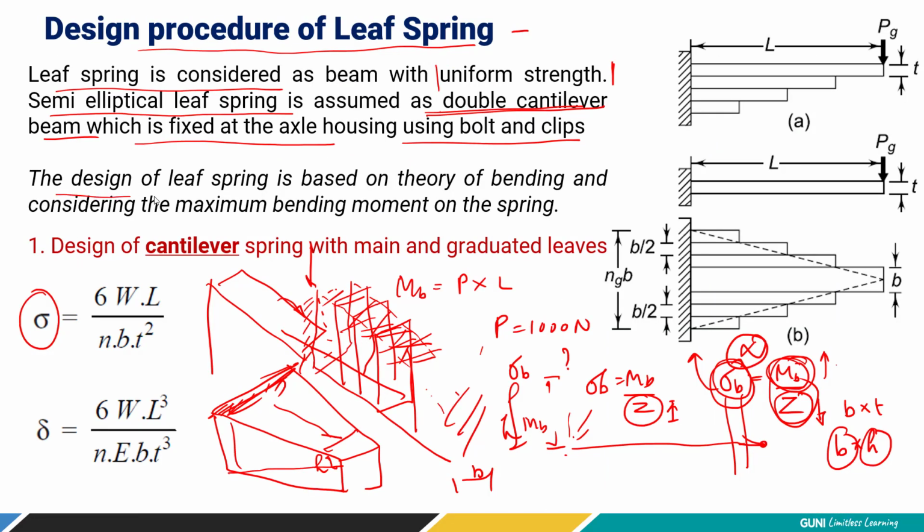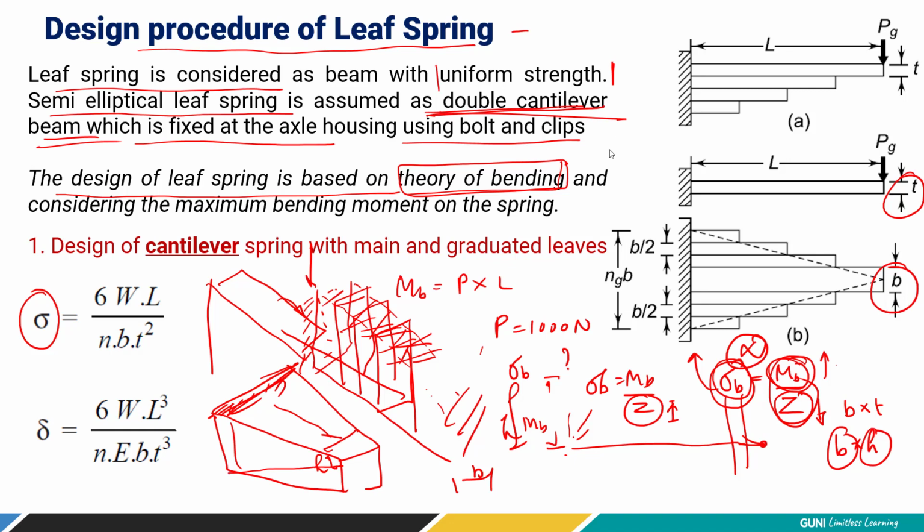Now the design of leaf spring is based on theory of bending. This is important, right? How we are going to find the B and T, which are the main dimensions of the leaf spring, right? That is only possible by considering bending, because earlier what we have said is the semi-elliptical spring is a double cantilever beam.